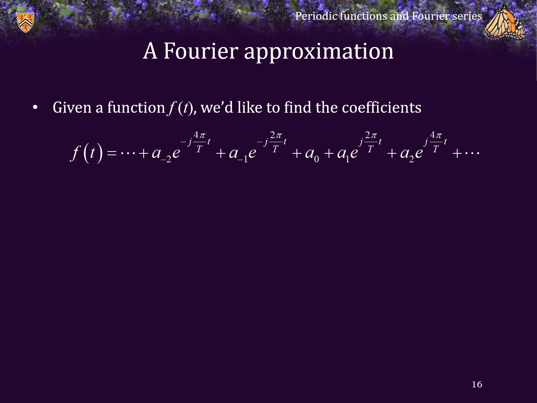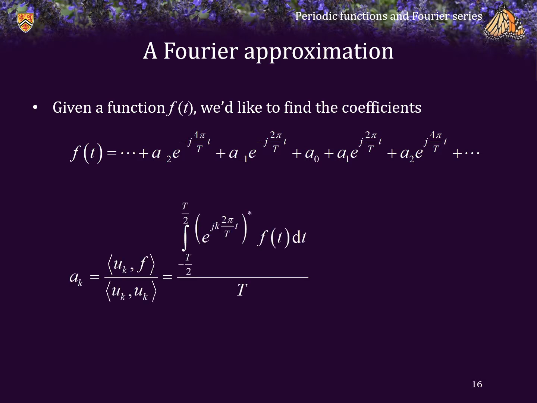All right, so now we have to find these coefficients. These are actually called the Fourier coefficients. Specifically, they're for the complex or exponential Fourier series. In this case, again, all we have to do is calculate the integrals. So a sub k is the inner product of u sub k and f over the inner product of u sub k with itself.